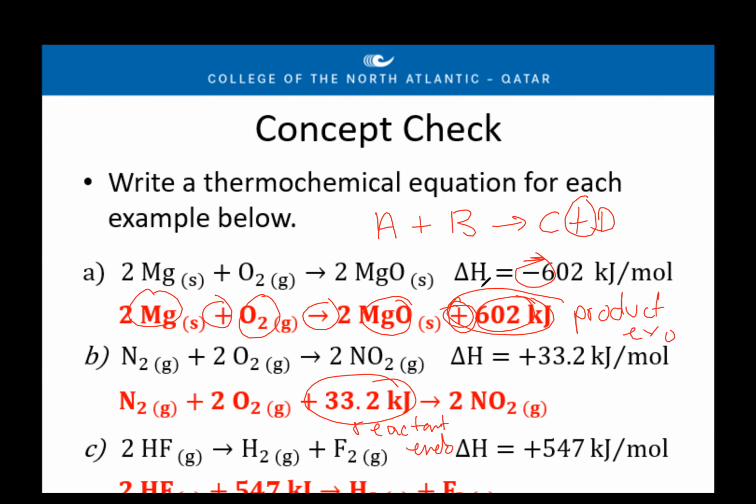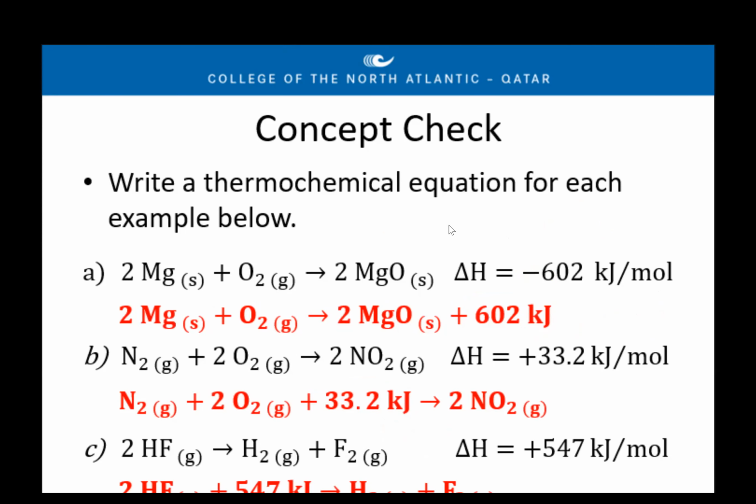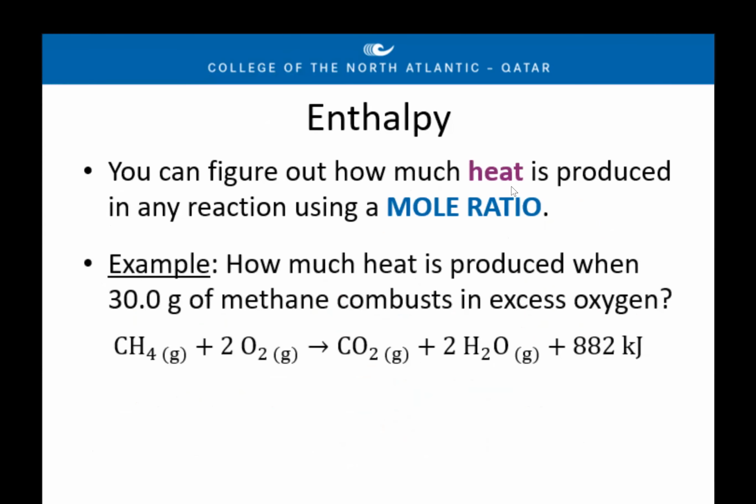So it's not positive. The plus sign just means and. And when you write a heat term as a product, it's exothermic. When you write a heat term as a reactant, it's endothermic. So when you write thermochemical equations, it's a little different. It can definitely be confusing, but you definitely want to do some review if you're having trouble with this.